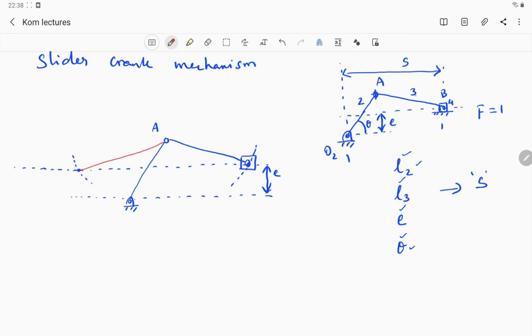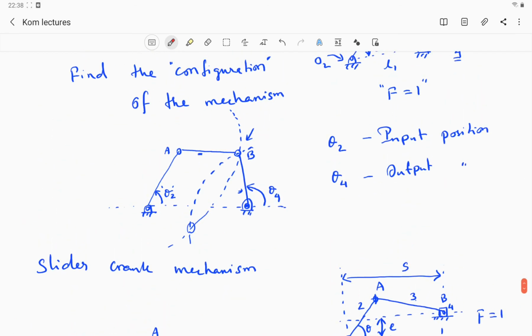So that's our second solution. Similarly, we can also draw the second solution for the 4-bar mechanism. So this is our second solution, this is our first solution.